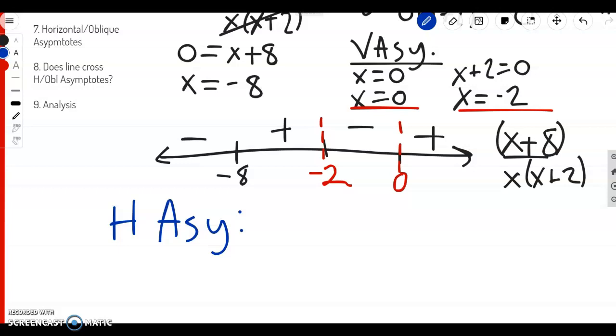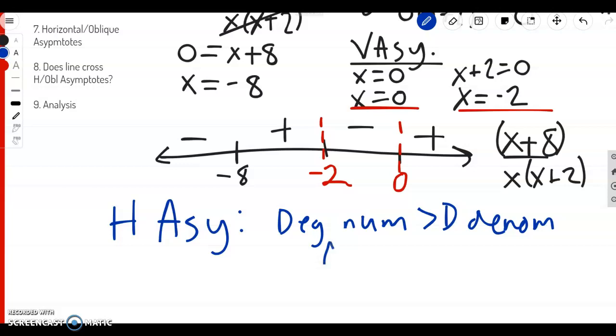So if the degree of the numerator is larger than the degree of the denominator, there's going to be no horizontal asymptote.